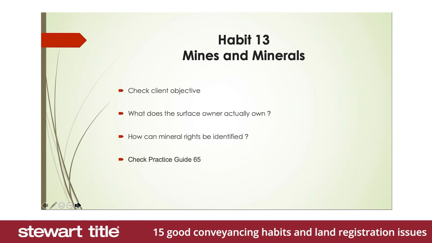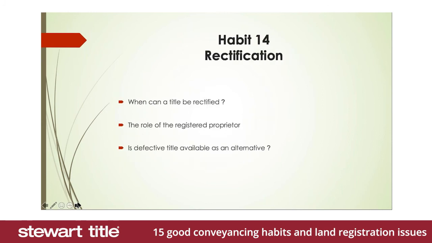I want now to look at habit number 14, if possible. And this is rectification. The point here is the Land Registry title can be rectified. Schedule 4 of the 2002 Act is the relevant piece of legislation. The register can correct mistakes.